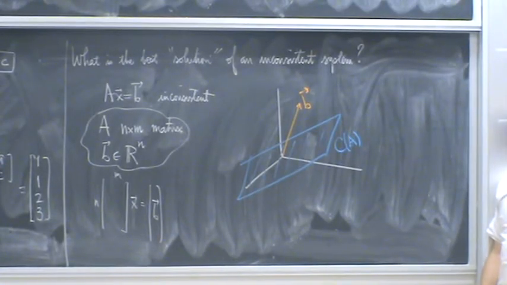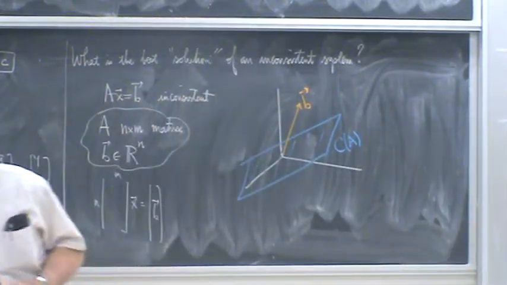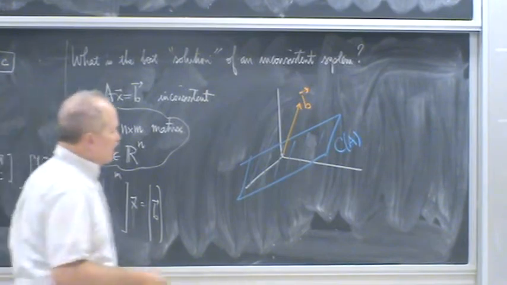So what do you think we should do if we want to find the closest we can get to solving this? Minimize the distance. So what you should do is project. We don't know how to do this yet, but this is what we're going to learn in the next few days.